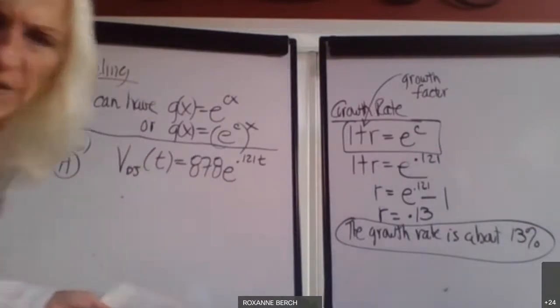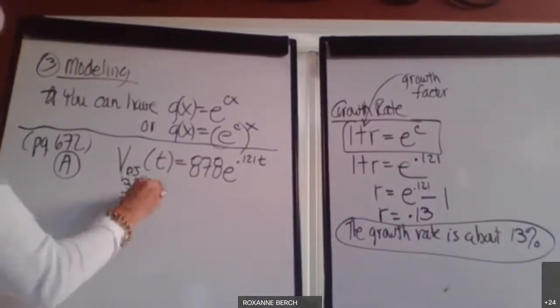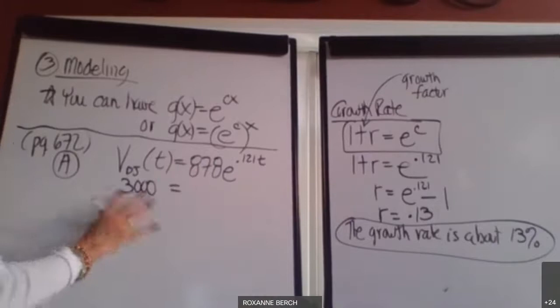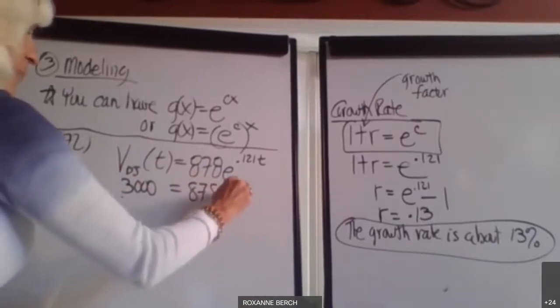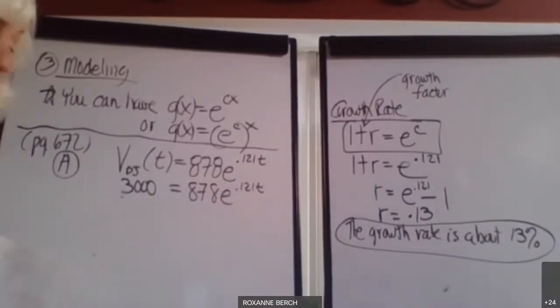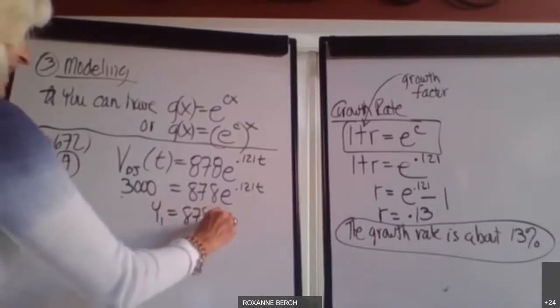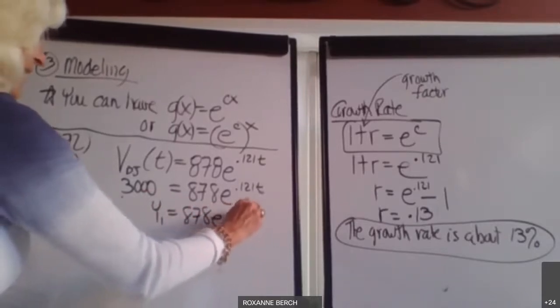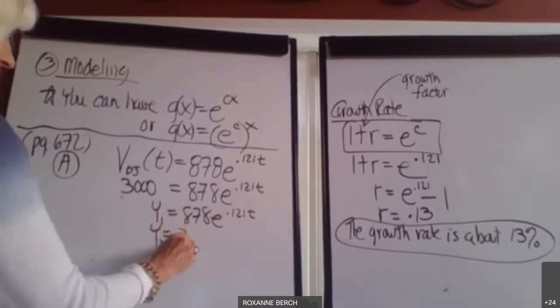To solve this, we're going to do the same thing we've always done. We're going to take the 3,000 and set it equal to 878 e to the 0.121t and use the calculator's intersect feature. So y sub 1 is going to be 878 e to the 0.121t, and your y sub 2 is going to be 3,000.